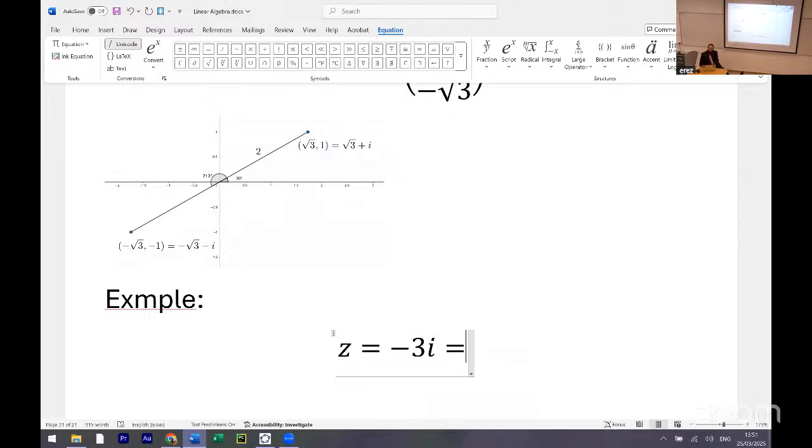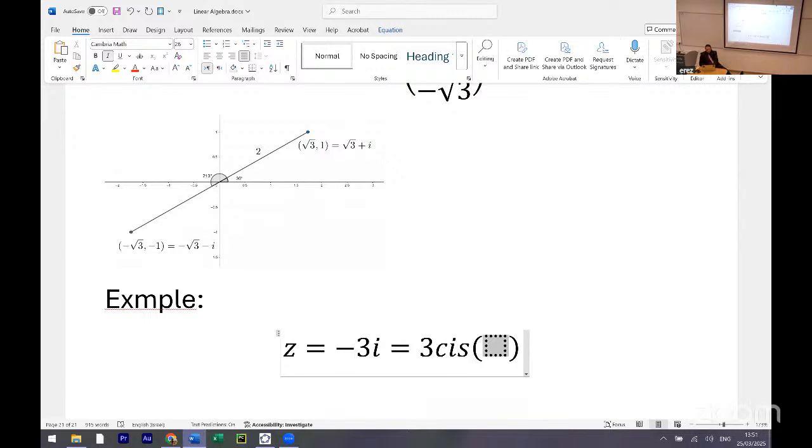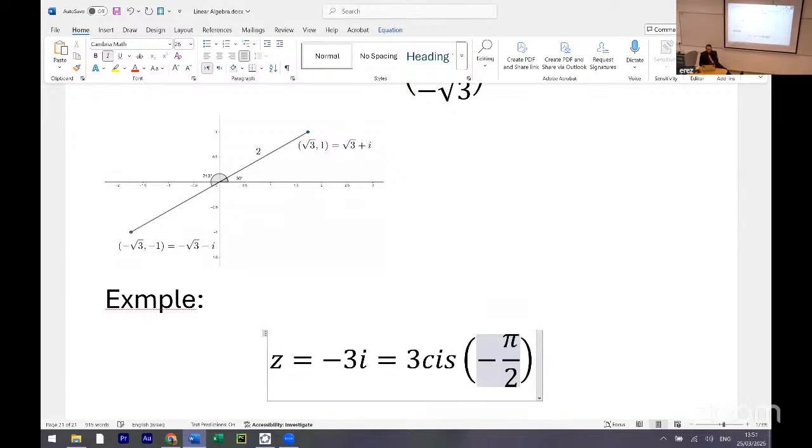Root of 3? No, it's just 3. Right, minus 3i is 0 minus 3. It's just 3 steps away from the origin. What is its angle? Minus pi over 2. Exactly. And in this case, a equals 0, so you can't even use the arctan of b over a.